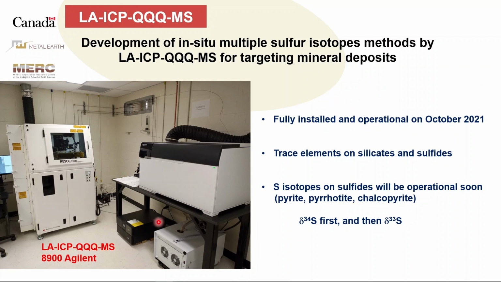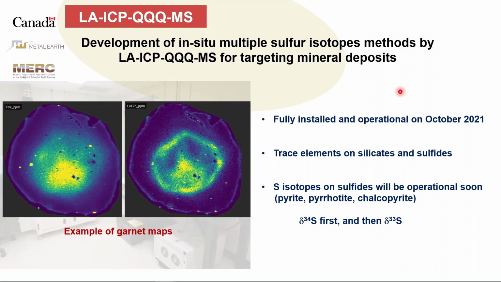It was fully installed in October 2021. It's a laser ablation system with a triple quadrupole ICP-MS. So far, we routinely run trace elements on silicates and sulfides. We can do maps, for example.